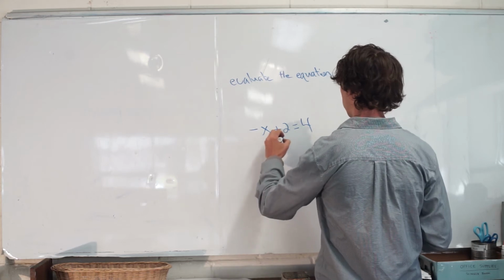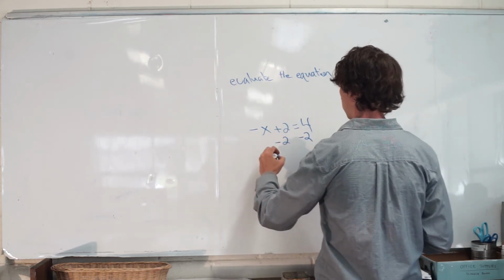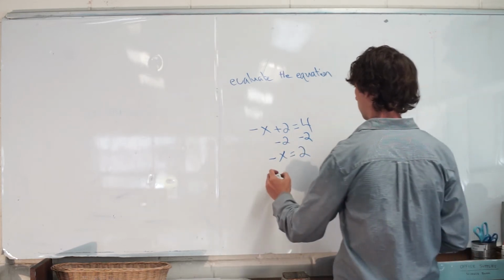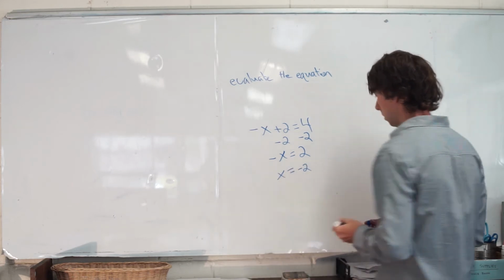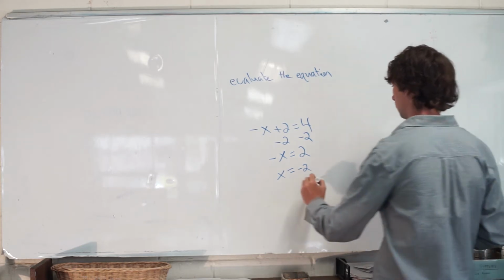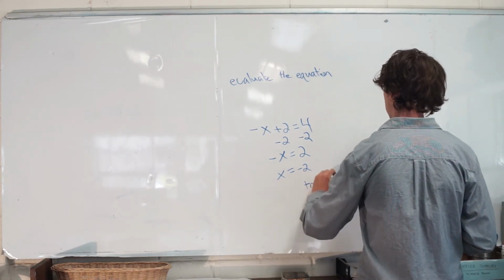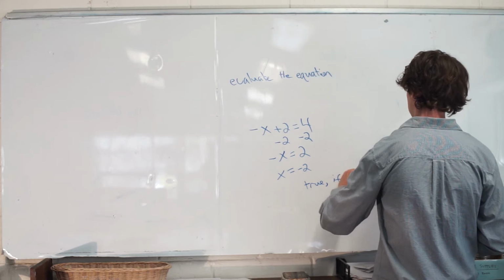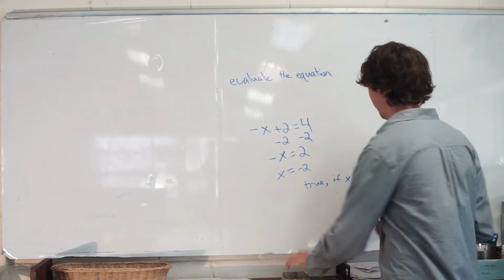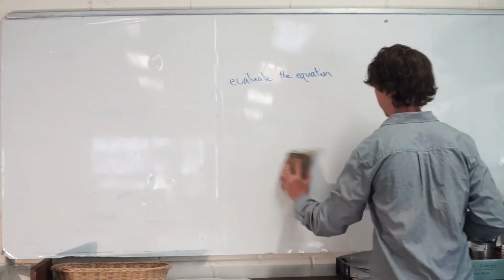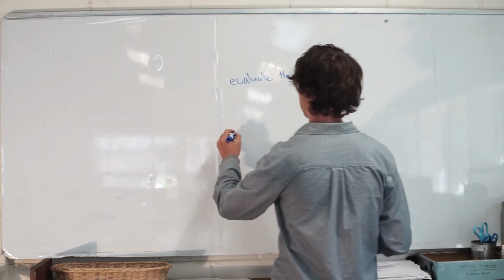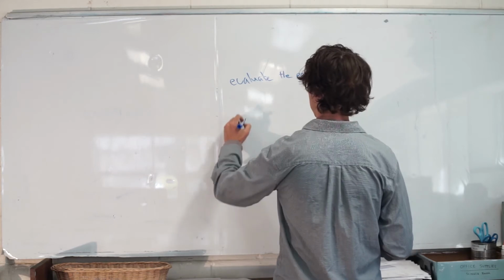So we're going to do the usual things here, combine like terms, to see what x has to be to make the equation true. So in this case, it's true if x is negative 2. Okay? Make sense? Hope so. Alright, so getting a little more complicated. Let's take a look at this one.